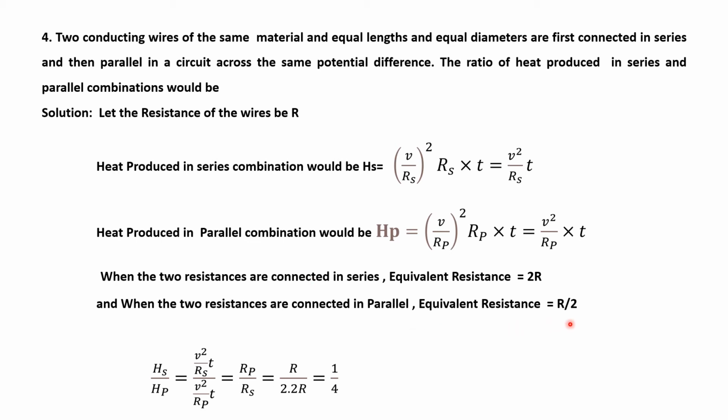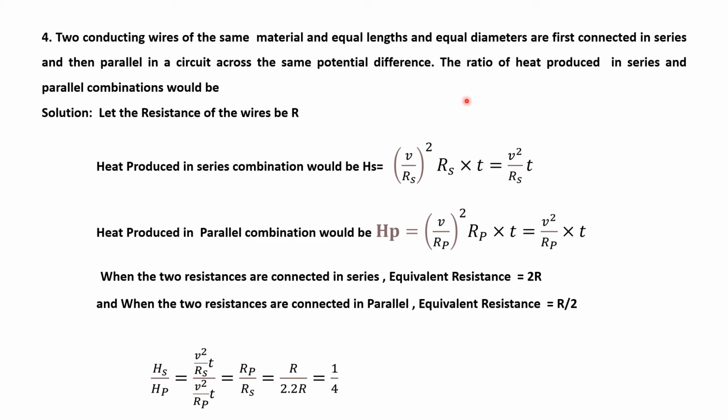That is, if the resistances are connected in parallel and if the resistances are equal, the equivalent resistance will be R divided by the number of resistances connected in parallel. Here only two wires are connected, so N is 2 in this case, and the equivalent resistance is R by 2.